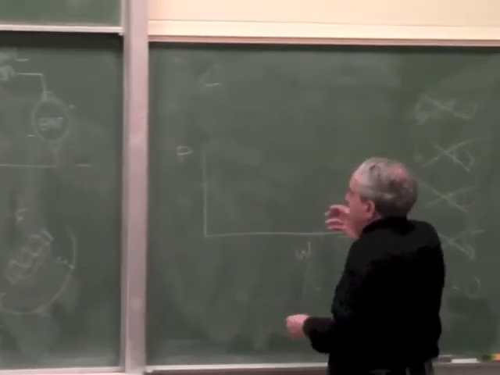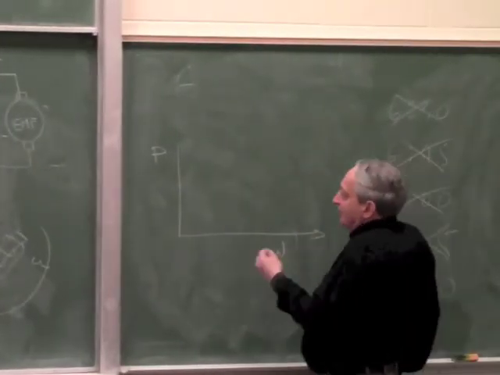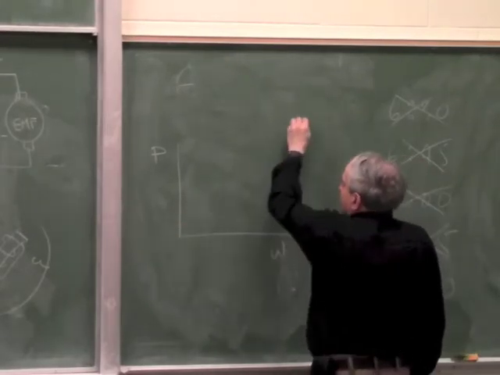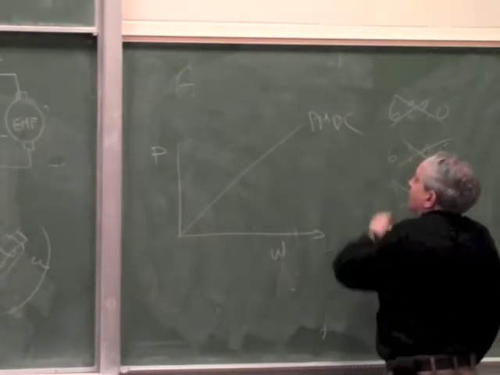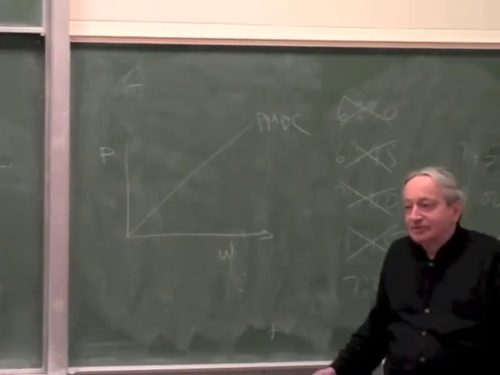So I'm drawing here it's a limit. If the motor is limited to a certain current, and if I increase the omega by increasing the voltage, a PMDC will look like this. More speed, more power. Good.